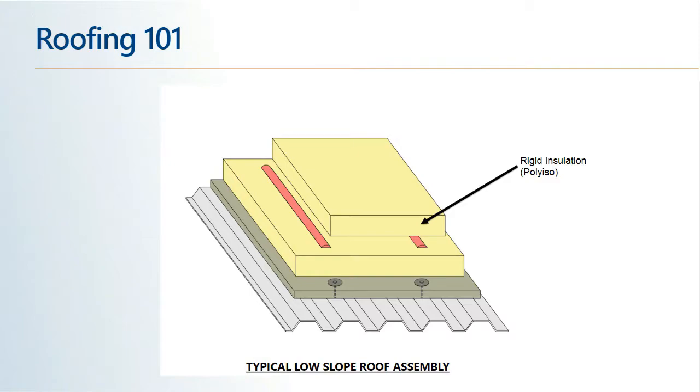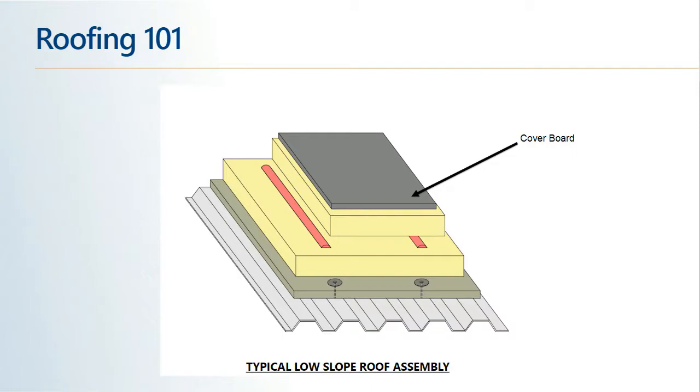And then over that, commonly we'll see what's called a cover board, which is a high density material that helps give the roofing system impact resistance to protect against things that are inadvertently dropped on the system, or even offer some protection during hail. And then finally, over that, we install our roofing membrane.